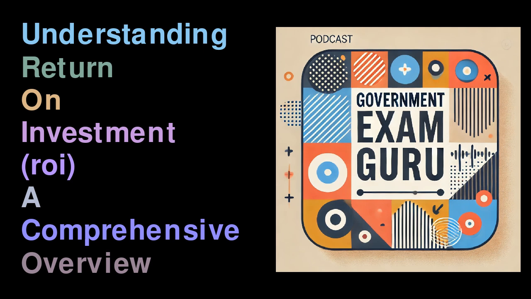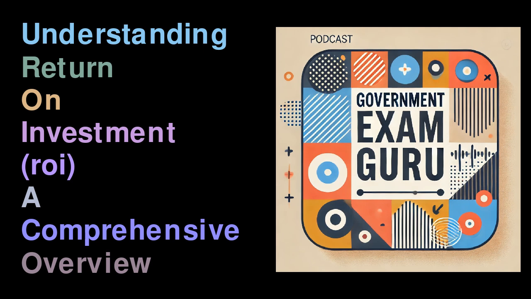What constitutes a good ROI? While there's no standardized benchmark for a good ROI, several factors come into play. Risk tolerance. More risk-averse investors may find satisfactory returns at lower percentages, while risk-tolerant investors may pursue higher ROIs despite greater uncertainty. Investment duration.